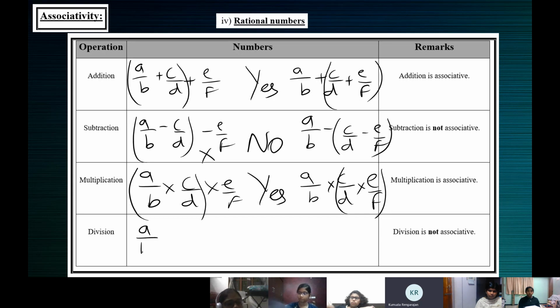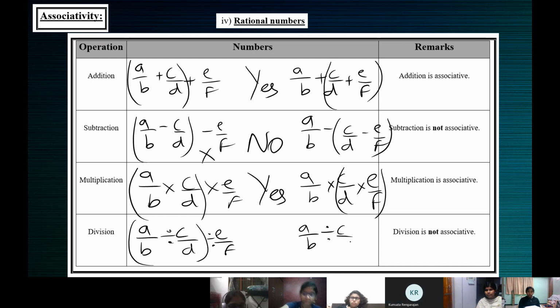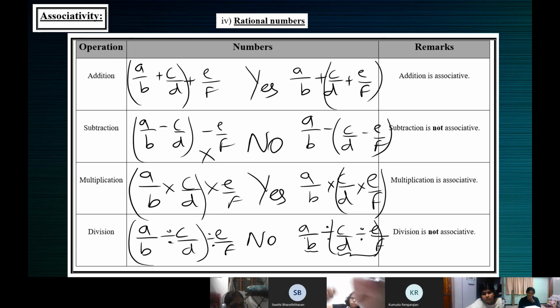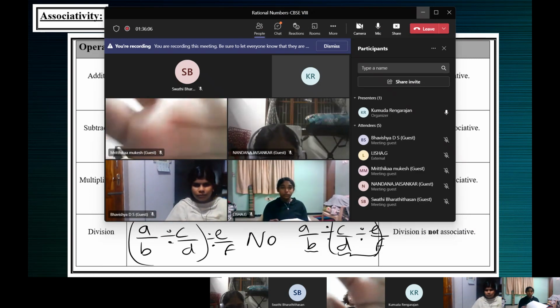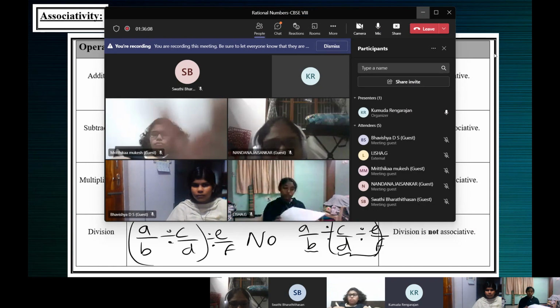But when I take three numbers A by B, C by D, and E by F, and I divide the first two and then with the last one, but you group it differently, performing this one first and then with A by B, the answer will not be the same. We'll be verifying these properties.